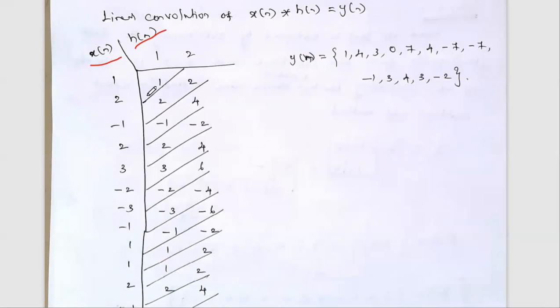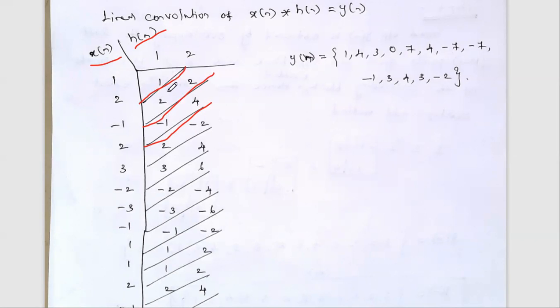Then you separate the elements diagonally. In the first diagonal there is only 1 data, in the next diagonal 2 data, then in the next diagonal again 2 data. Then in each diagonal you add the elements. So y of n is: the first value is 1.